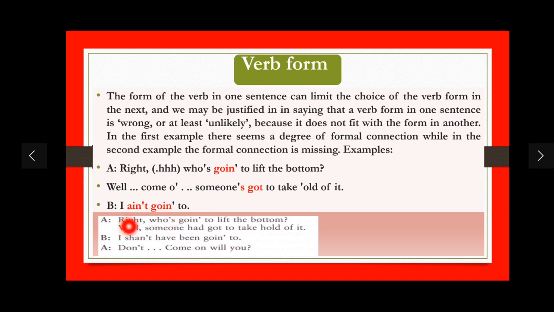Again, in sentence first, we have present tense. In sentence 2, "had got to," past tense. In sentence 3, we have perfect continuous tense. And in sentence 4, we have future time. So we have different verb forms. That's why there seems no formal connection between sentences, and that's why there would be no cohesion.